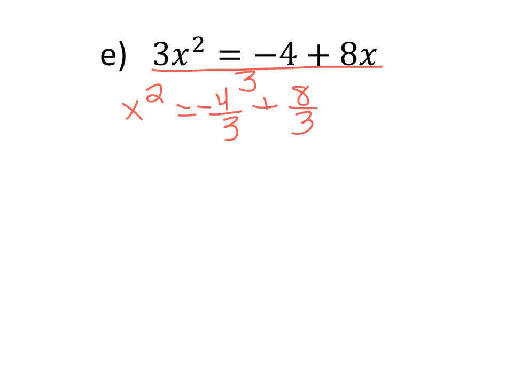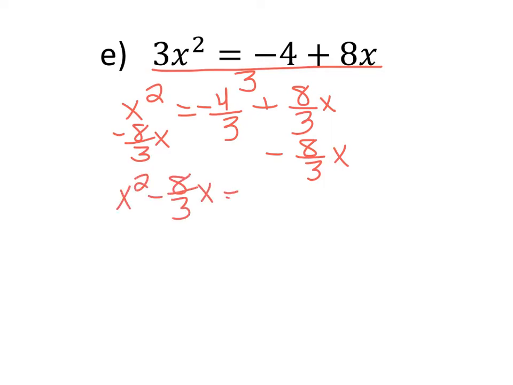So leave it as 8/3 x, or 8x over 3, whichever. I need my x term with my x squared term, so I'm going to subtract 8/3 x from both sides. X squared minus 8/3 x equals negative 4/3.